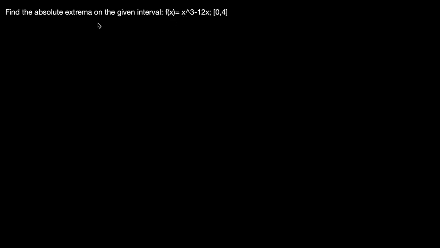So first step. Okay. Find the absolute extrema on the given interval. f of x is equal to x cubed minus 12x on the closed interval 0 to 4. So first step, prove continuity. Hopefully these steps are getting through your heads right now.